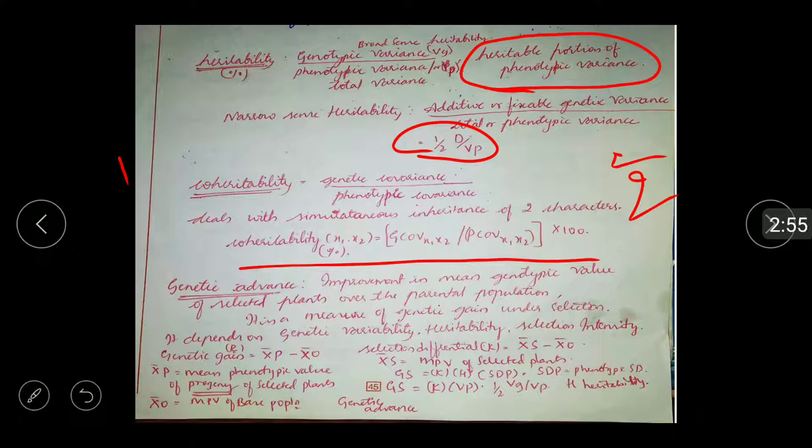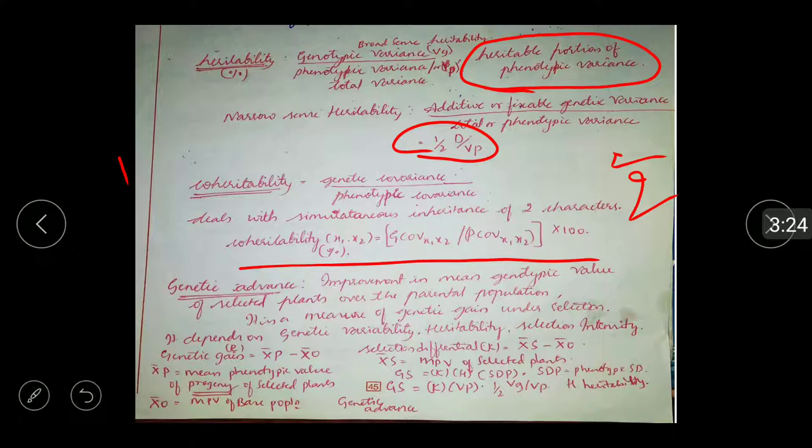The mean, as you know, is the average. If the average is increased, then there will be an increase in all the values from which it was taken. Genetic advance is a measure of genetic gain under selection, and it depends on genetic variability, heritability, and selection intensity.